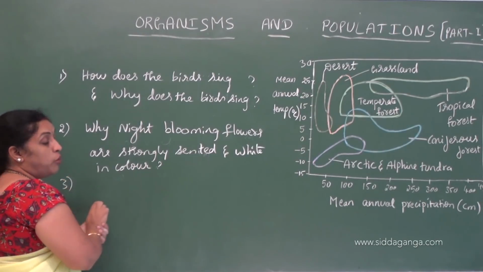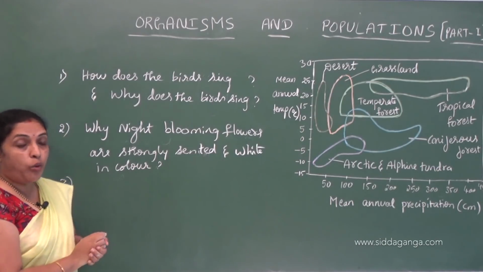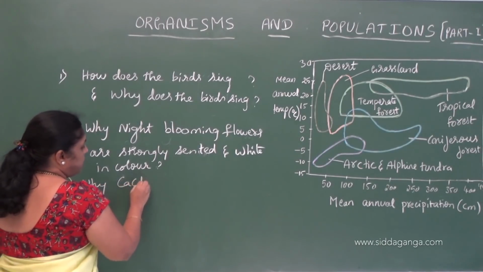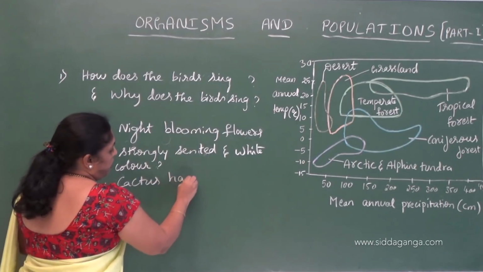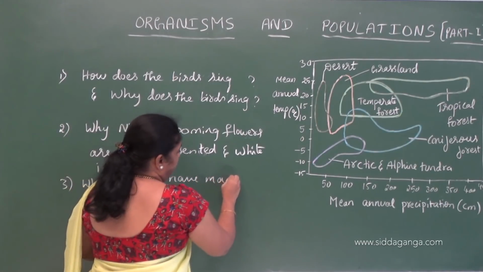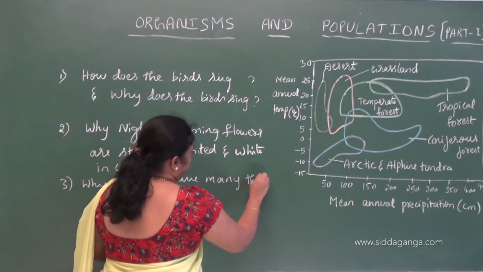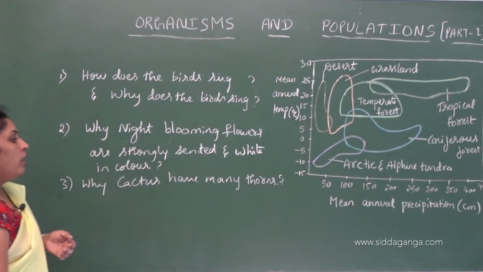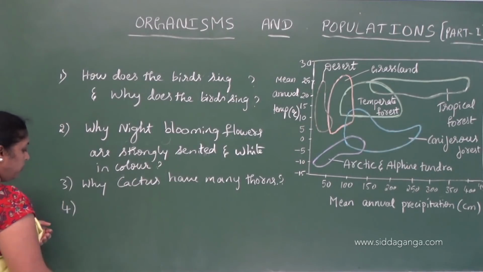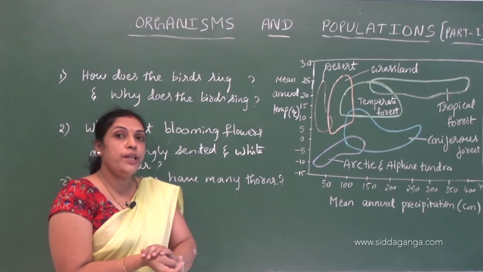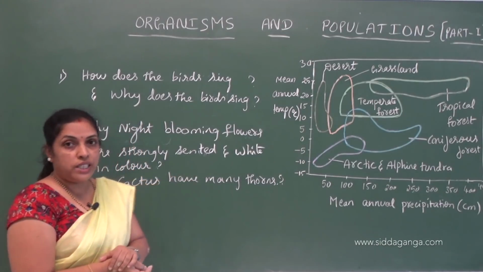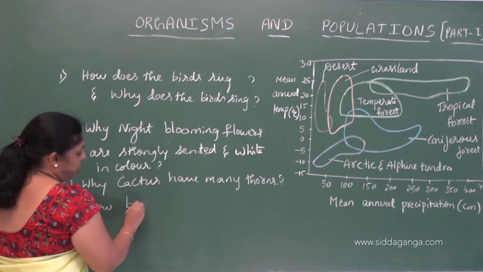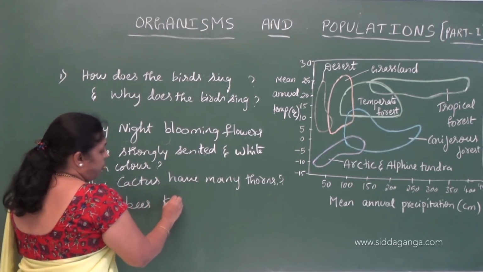Next, one more they have given. Why does the cactus have many thorns? Then, how do the honeybees come to know which flower is having nectar?